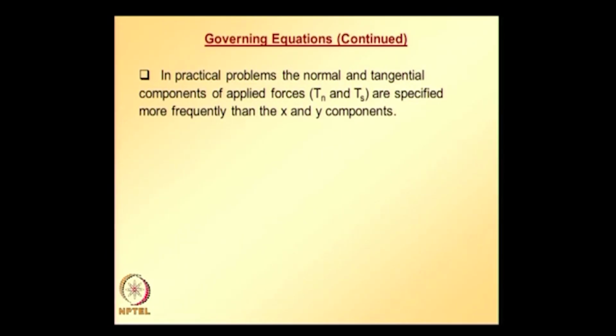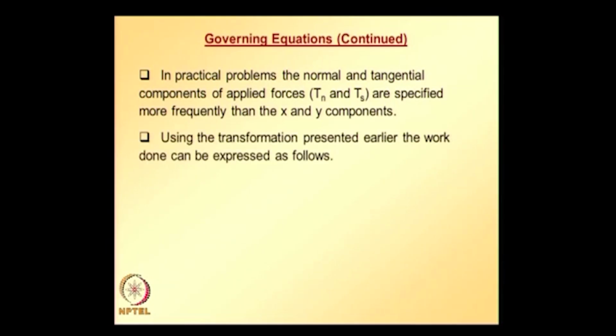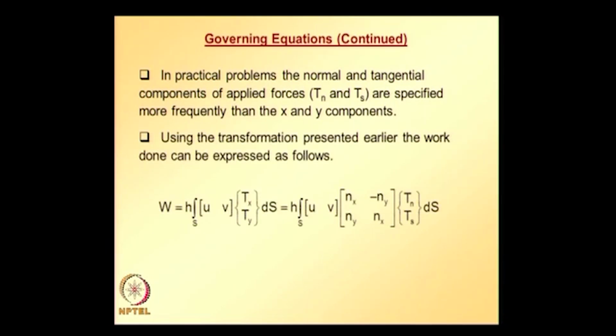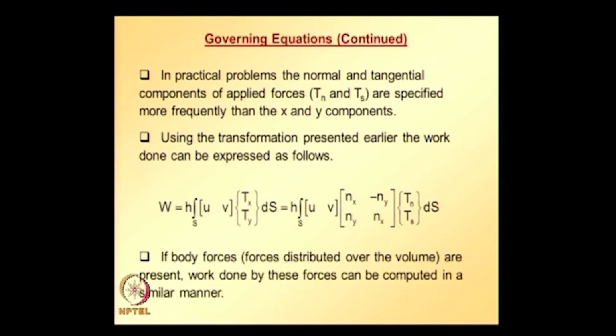So, we can use that and re-express this in terms of Tn and Ts using direction cosines of the outer normal to the surface over which tractions are specified. If body forces are present, work done by these forces can be computed in a similar manner.